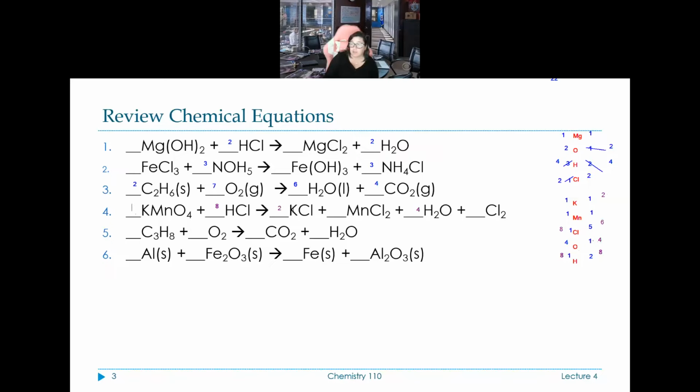But in order to fix this K that I did, I need to put 2 Ks over here. So that now means that I have 2 Ks. I have 2 Mns. I have 2 times 4 is 8 oxygens. That did mess everything up. So instead of needing 4 oxygens, I need to do 8.